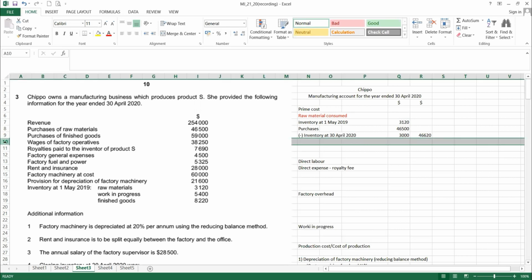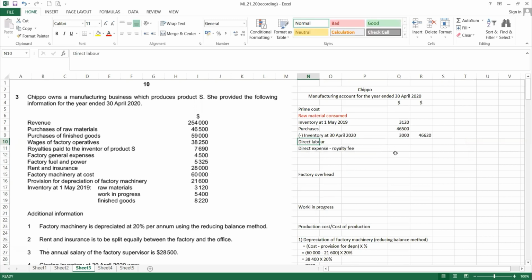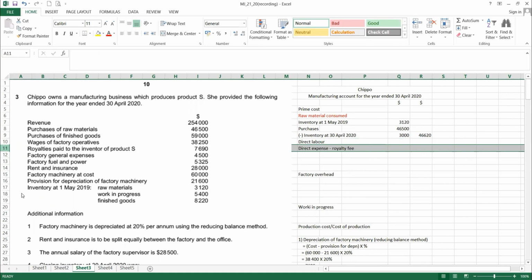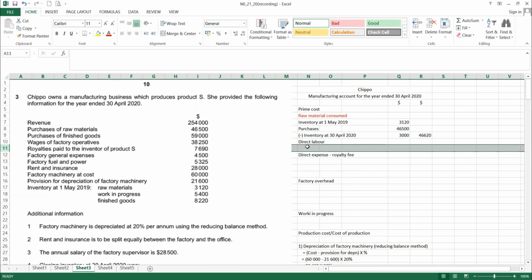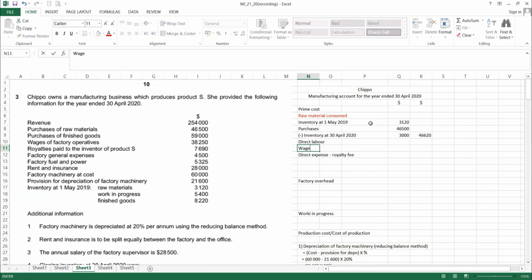Okay. Next is the second one, direct labor. Which one is the direct labor here? Wages of factory operative. So this wages of operative is a direct labor. If you don't want to leave this one, then you just directly put in the wages of factory operative.